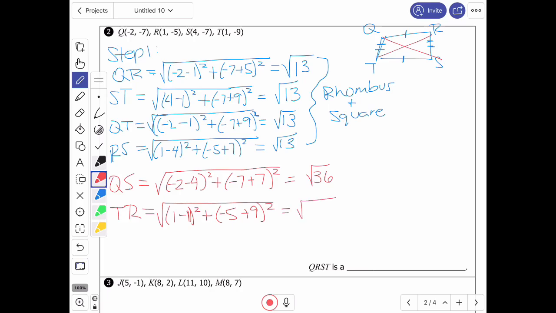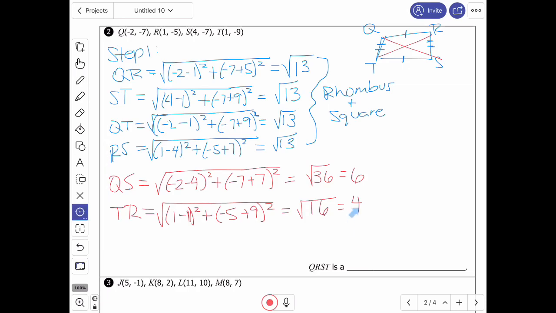And -5 plus 9 is 4. So that turns into 4 squared, which would give me 16. So this is radical 16. Which, if I actually simplify these, I get 6 and 4.